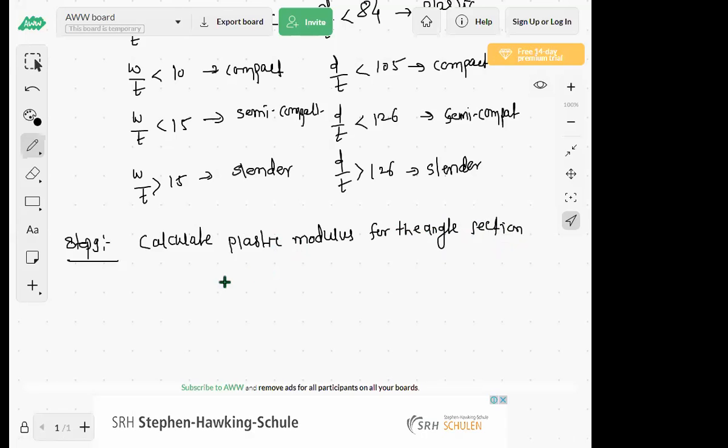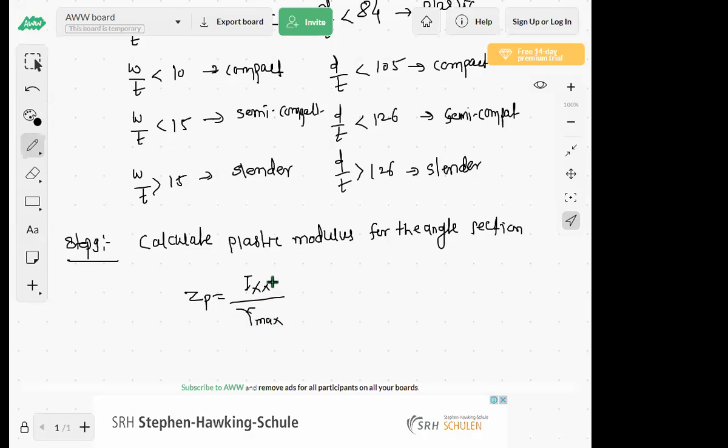So how to calculate ZP for the angle? We use the formula Ixx divided by Y minimum. So I by Y is nothing but Z. Sorry, here Y max is there instead of Y minimum.